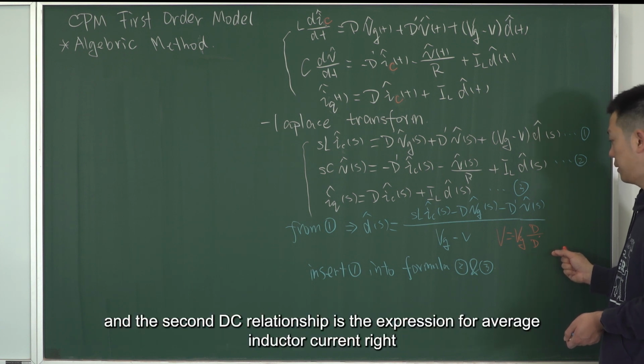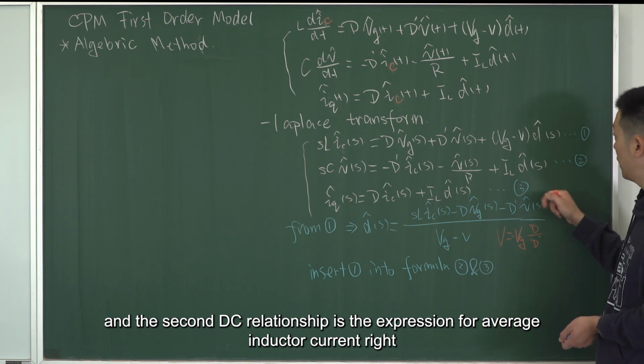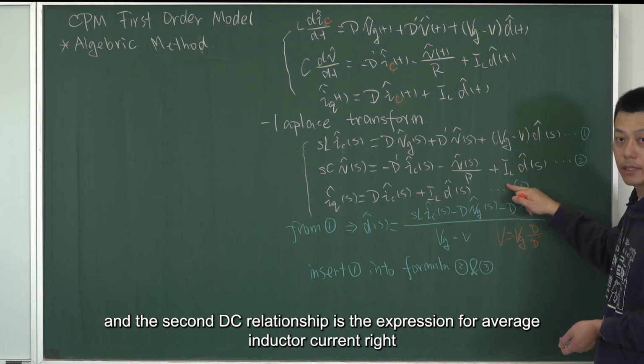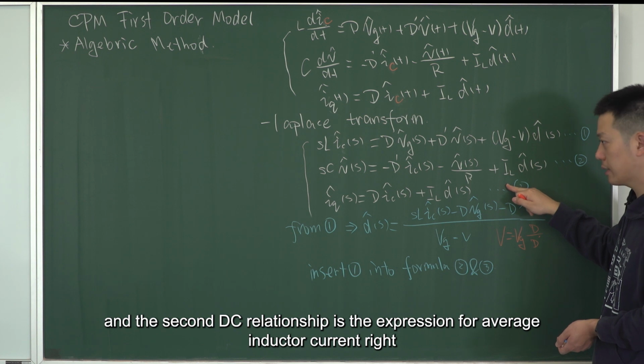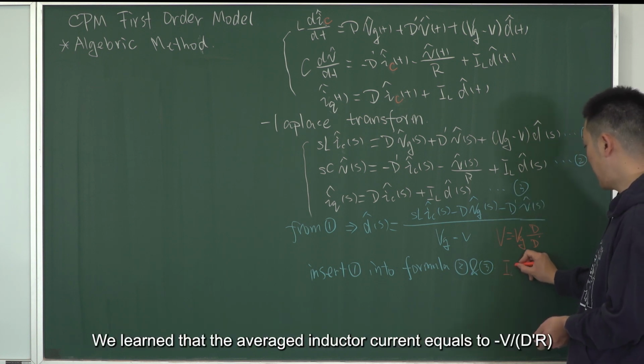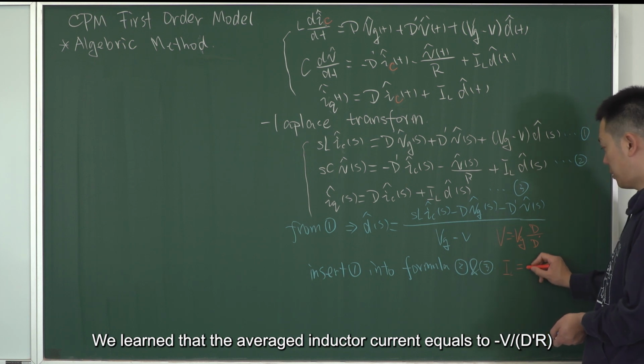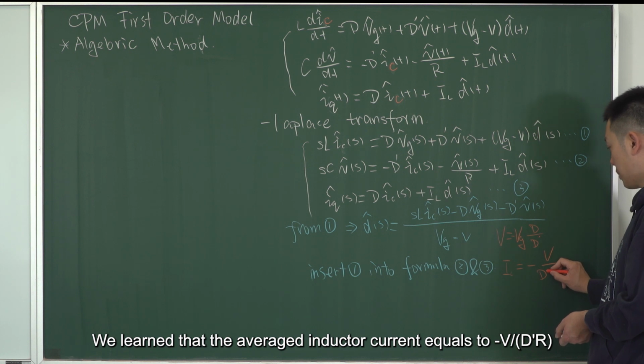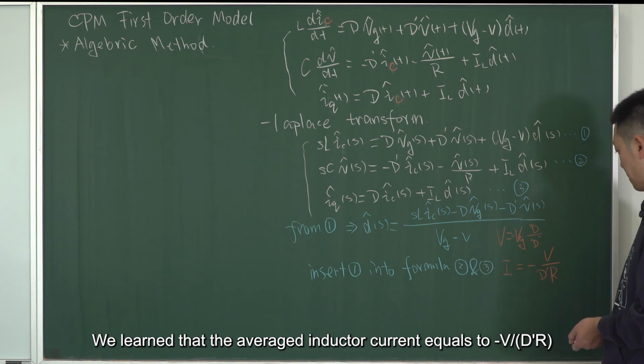And second DC relationship is the expression for average inductor current, right? When we study the DC model, we learned that the average inductor current equals minus V over D prime times resistance.